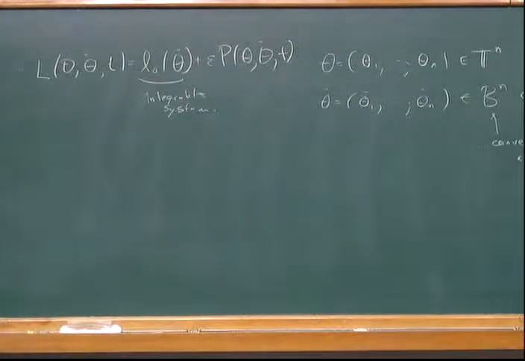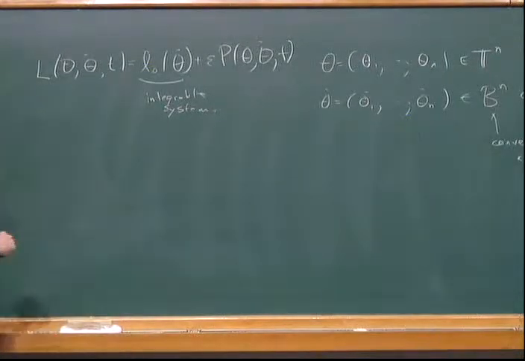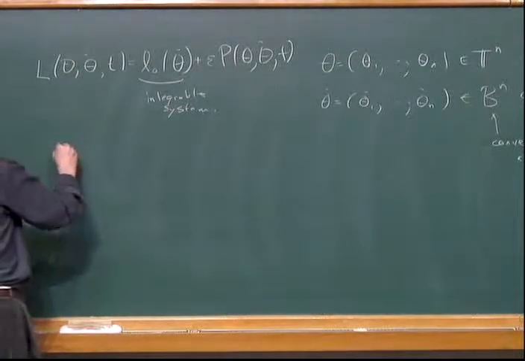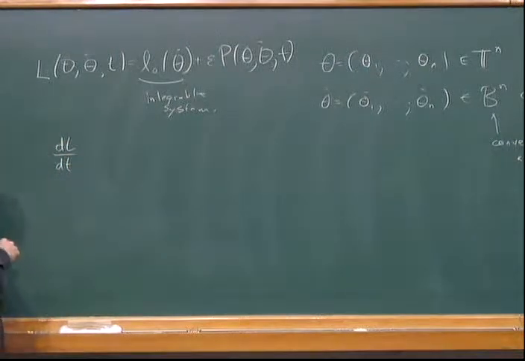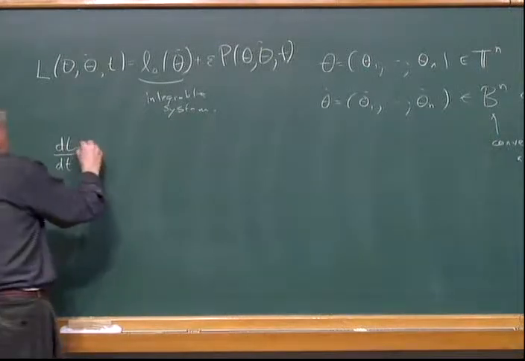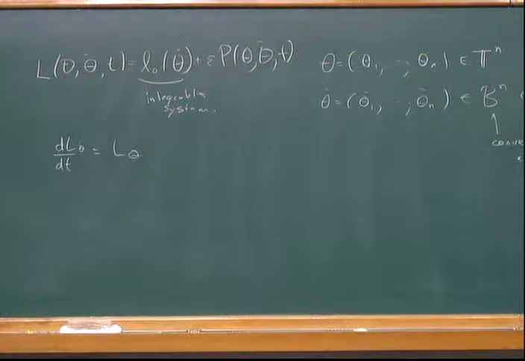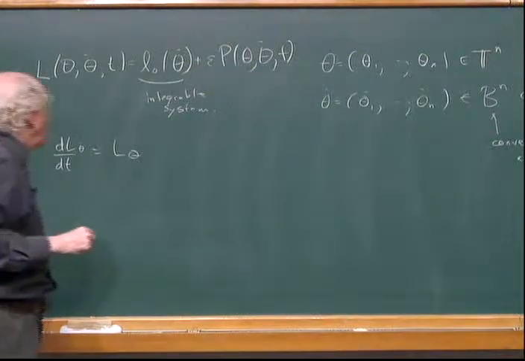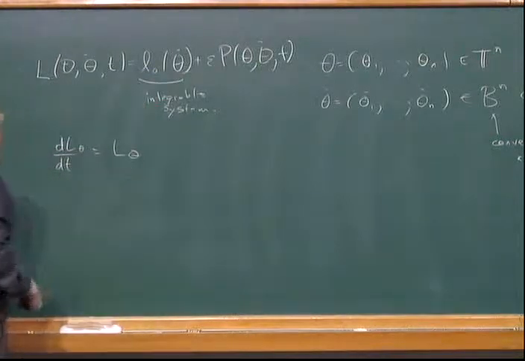The solutions will satisfy the Euler-Lagrange equation, d/dt (dL/d theta dot) = dL/d theta. Here the derivative of L with respect to theta is 0, so in that case you just have d/dt (dL/d theta dot) = 0.